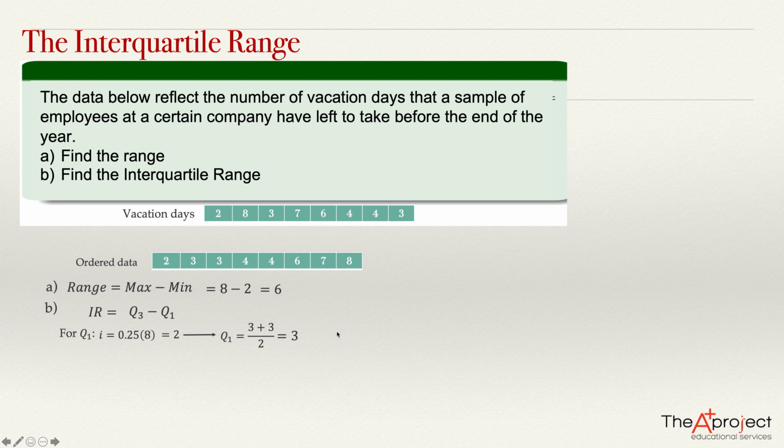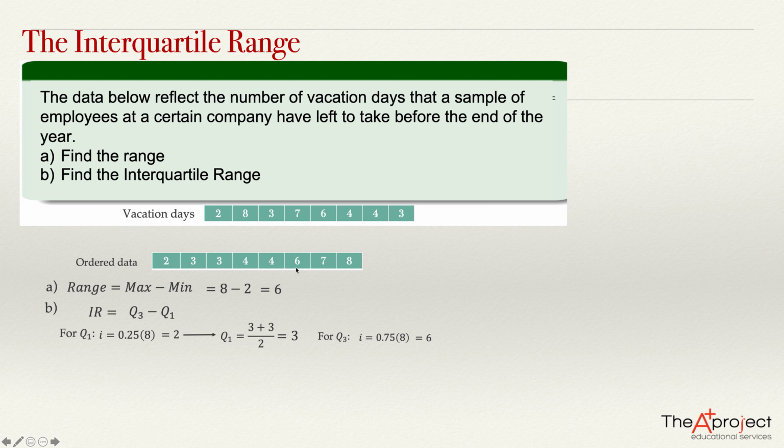Let's see now for quartile 3. For quartile 3, we're going to do the same, but with quartile 3 we have 75% below it. So it means that the I will be equal to 0.75 times 8, which equals 6. So the data number 6 is 1, 2, 3, 4, 5, 6. It's coincidentally 6.